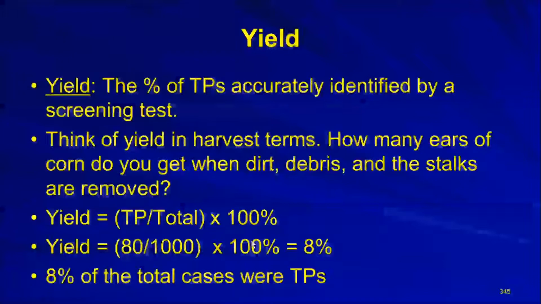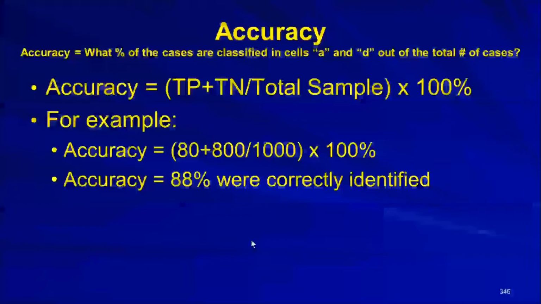So if we apply the term accuracy, it says what percent of the cases are classified in cells A and D out of the total number of cases. As you'll recall, here you can see the formula for it, and you can translate it into letters, because I'm using what the cells are called, like true positive and true negative and total sample.